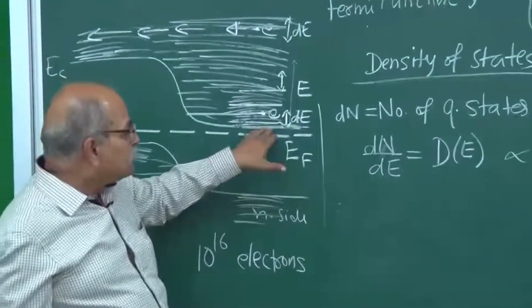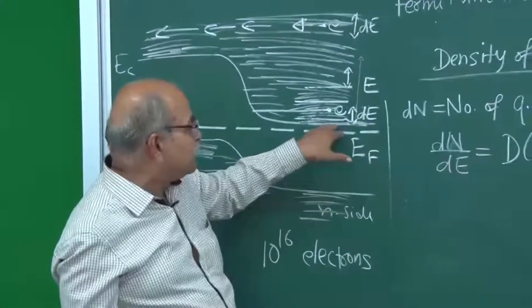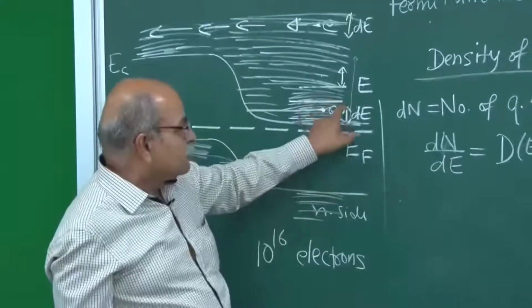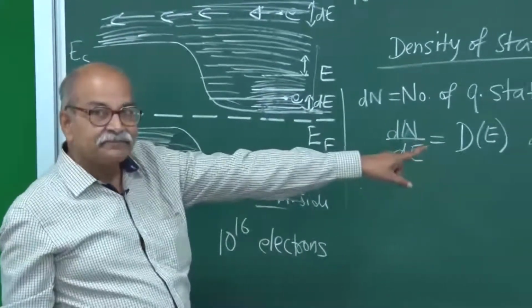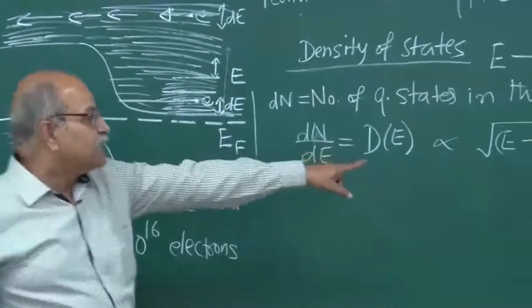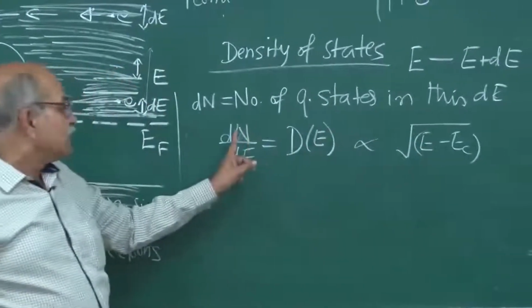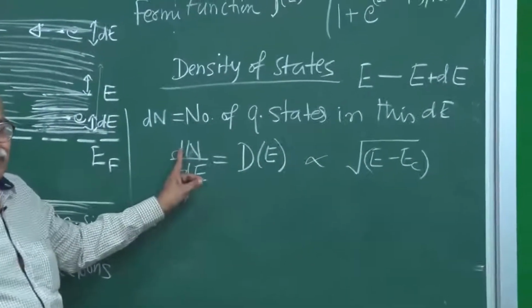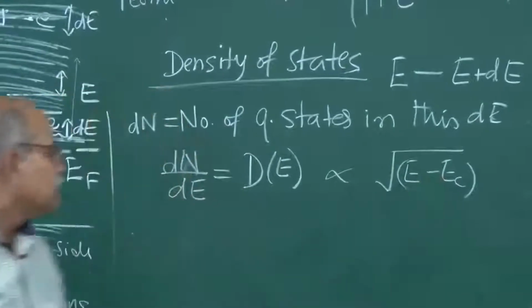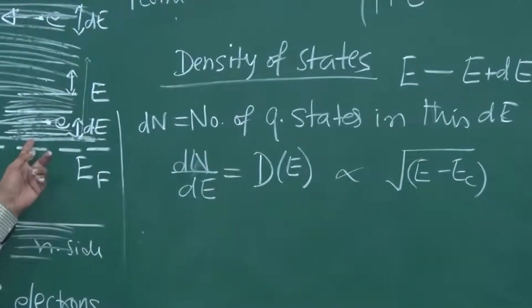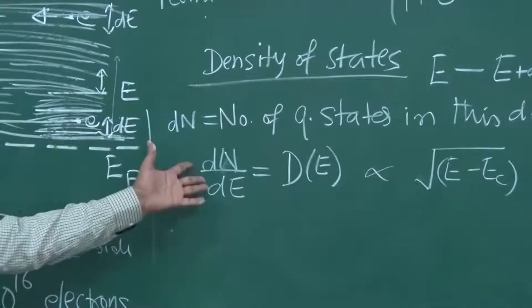So the number of quantum states available in a given dE is proportional to this. That means as you increase E, this number is going to increase. At E equal to EC, right at the bottom of the conduction band, this number is 0.